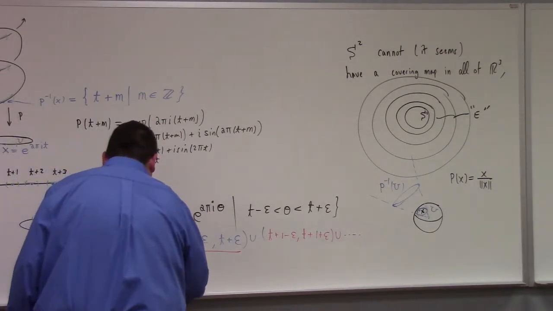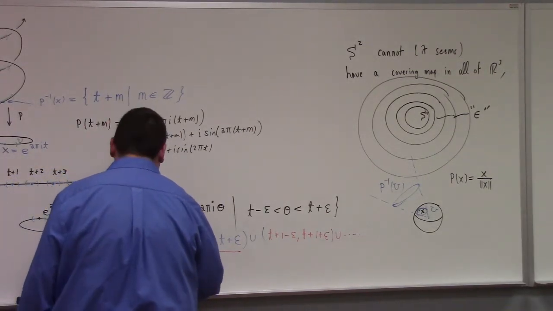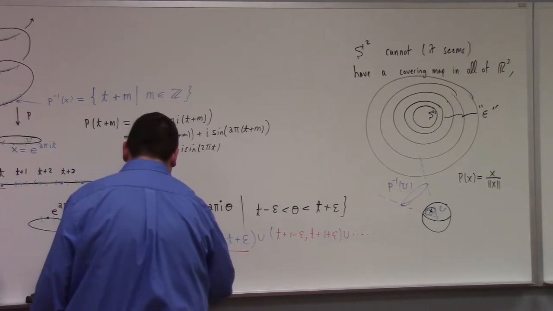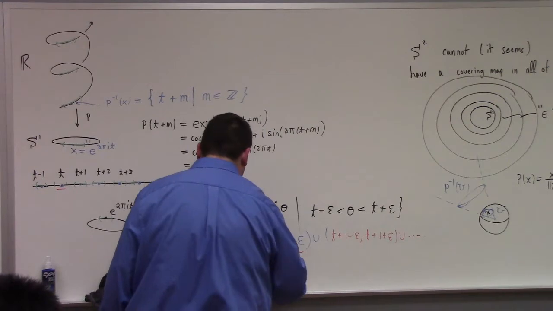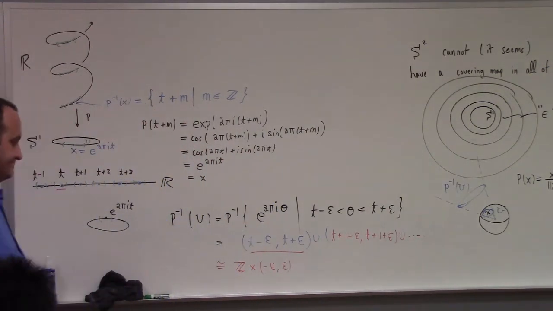I mean, the claim is that that's isomorphic to what? Essentially Z Cartesian product with minus epsilon to epsilon, because the inverse image of x is essentially the integers.